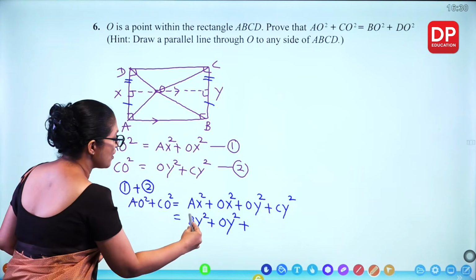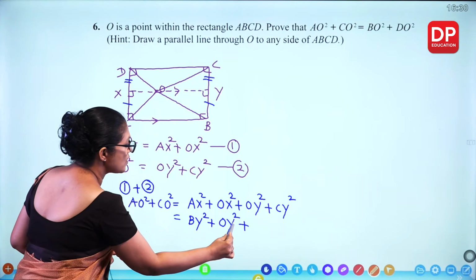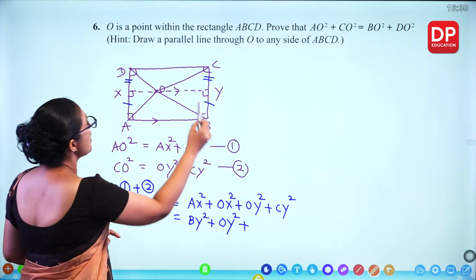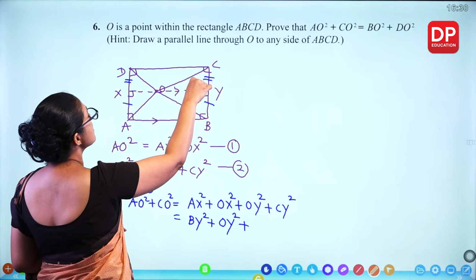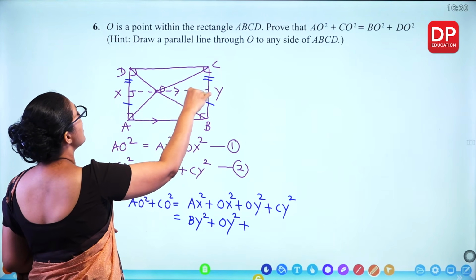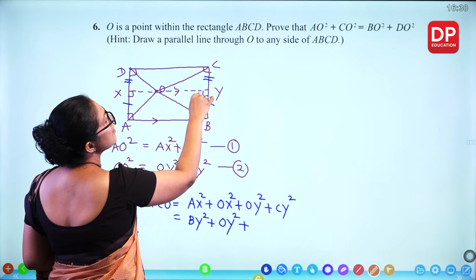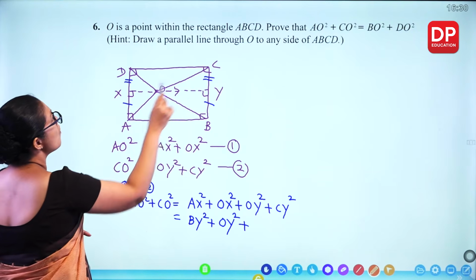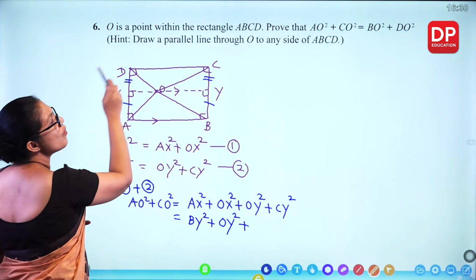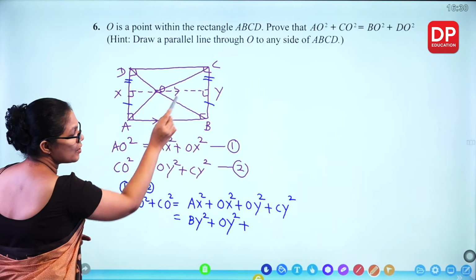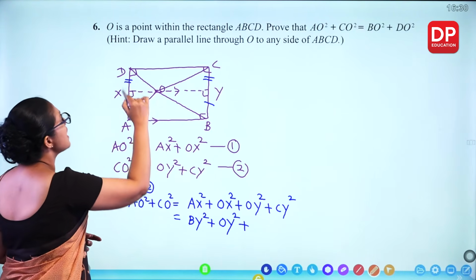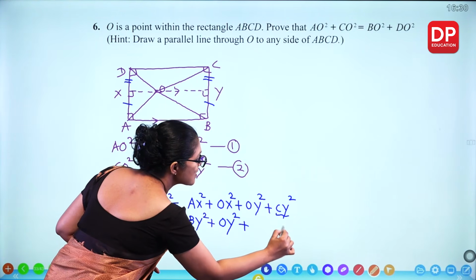We'll see whether we want that. BY squared plus OY squared, CY squared plus OY squared. I am getting OC squared. So I need OD squared, so instead of CY, I put DX squared.